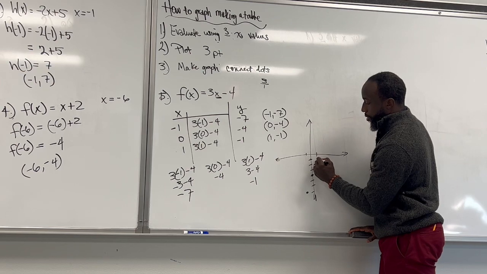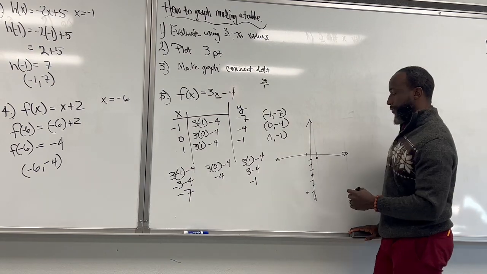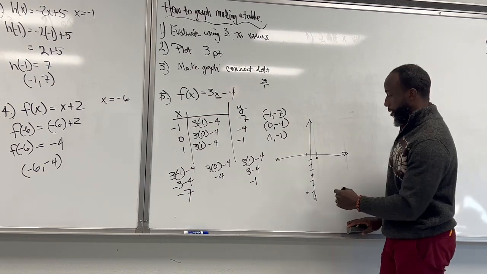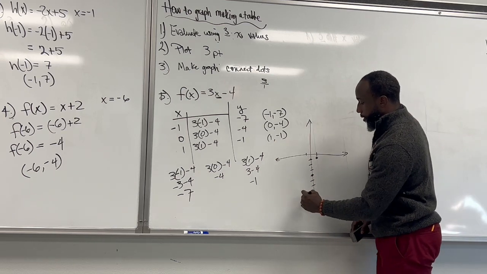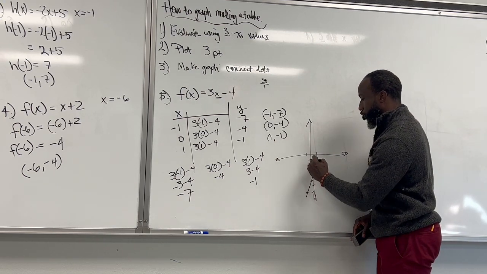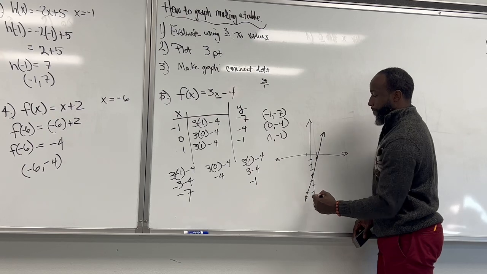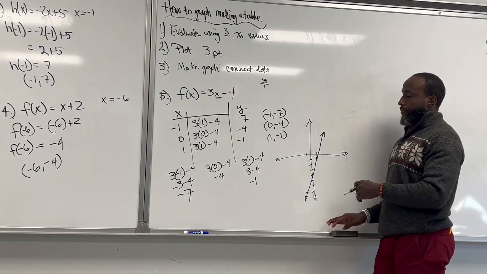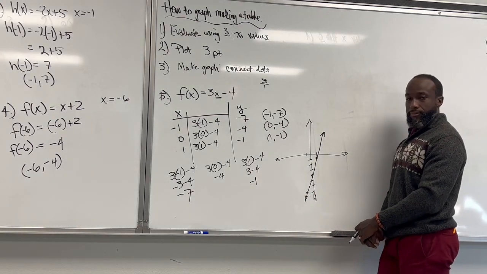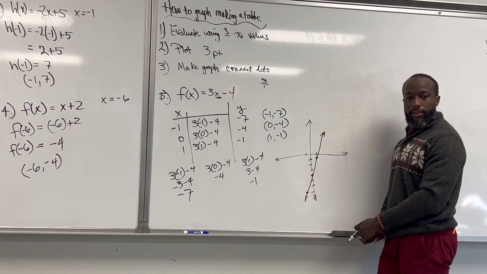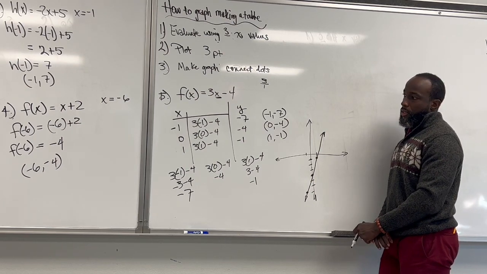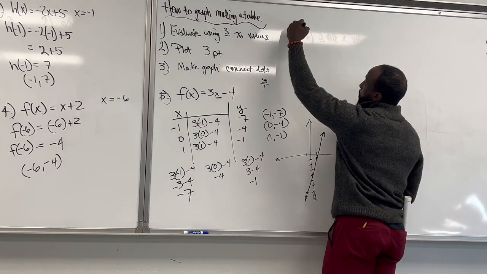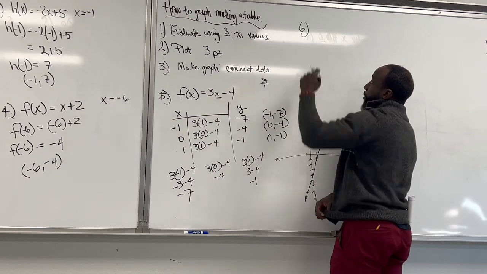And 1. All right. So we got our points looking something like this. And then you use a straight edge to connect the dots. Okay? Let's look at our last example.